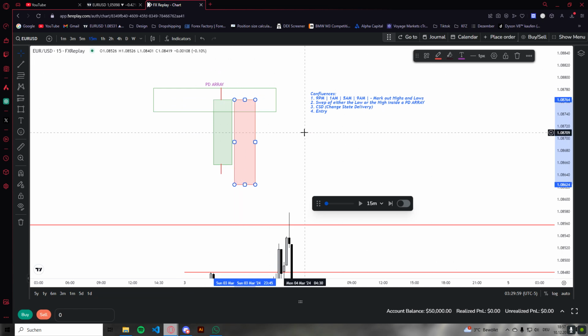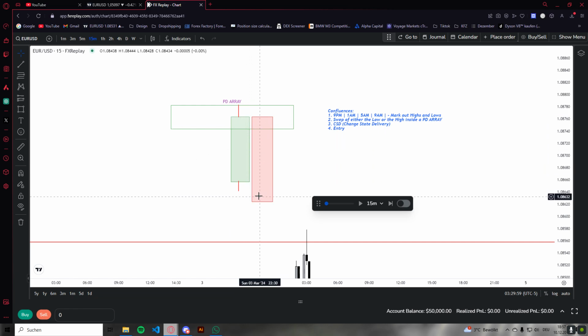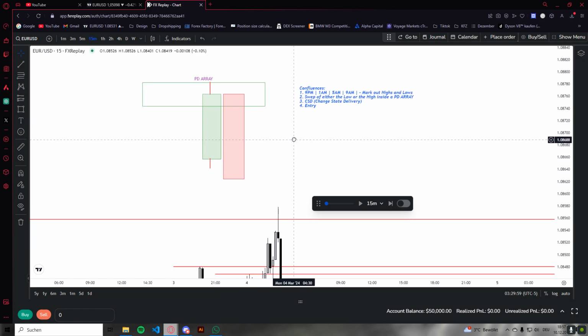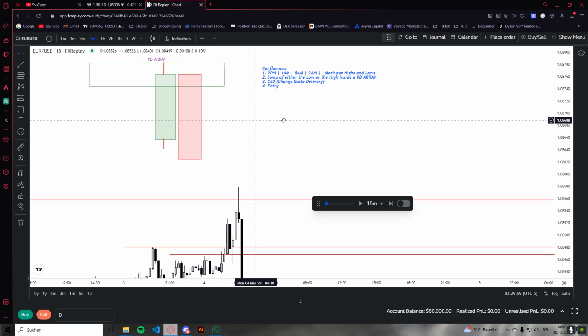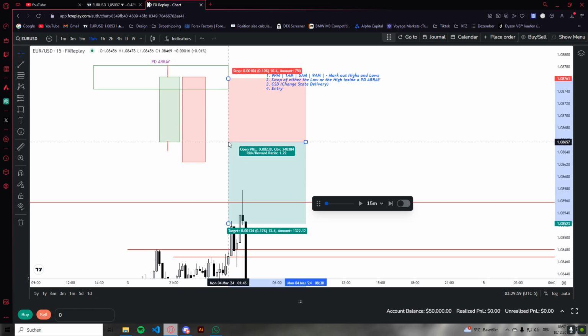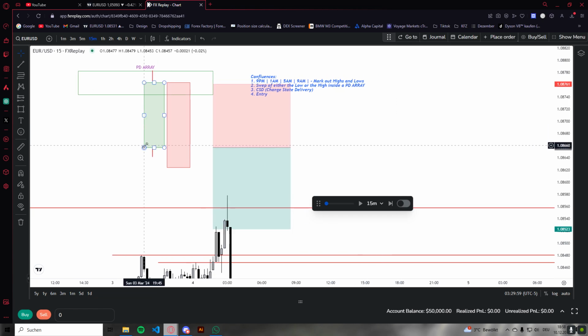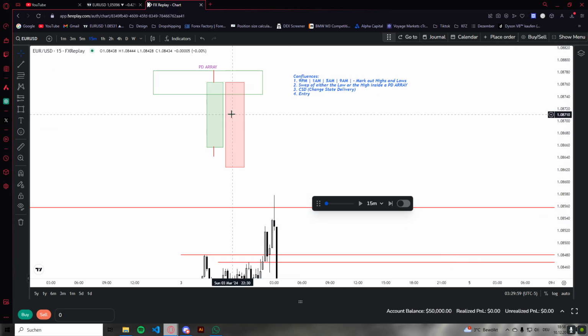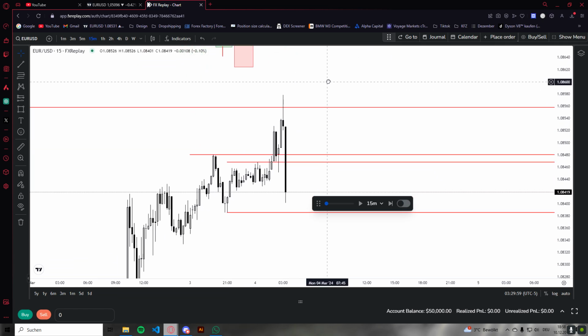That's a change state delivery, because the price went up with the up close candle and then came back stronger but bearish. Where's now our entry? Our entry is right there, on either the wick's low or the body's open. Stop loss above this high, and take profit. I'll show you now where I put my take profit.